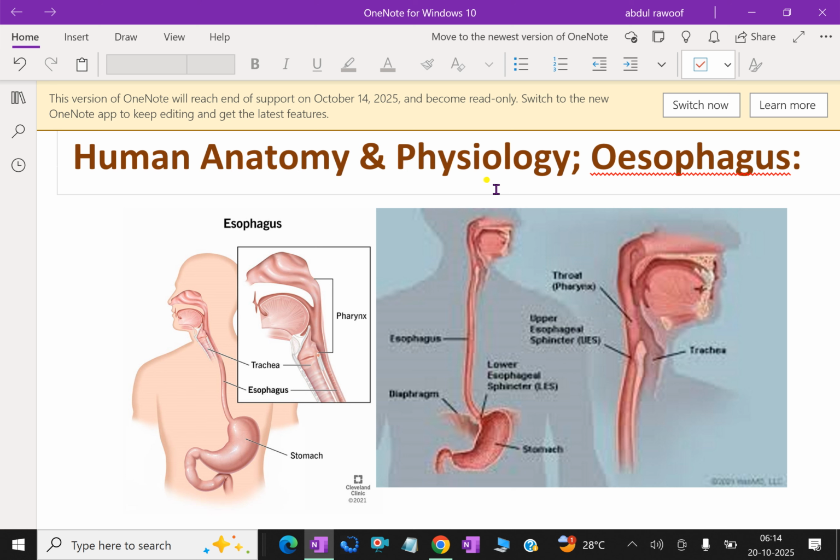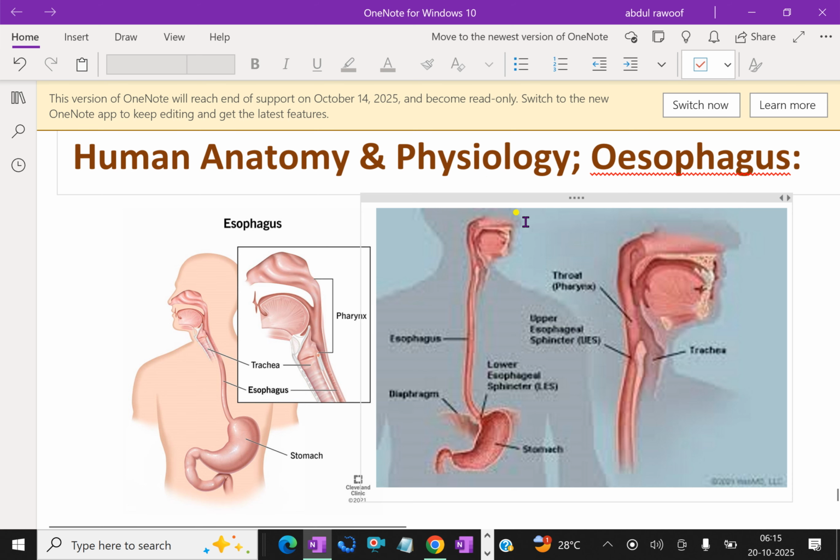Other factors preventing gastric reflux include the attachment of the stomach to the diaphragm by the peritoneum, and the acute angle formed by the esophagus as it enters the fundus of the stomach. The walls of the esophagus are lubricated by mucus, which assists the passage of the bolus during the peristaltic contractions of the muscular wall. Now let us see more details.